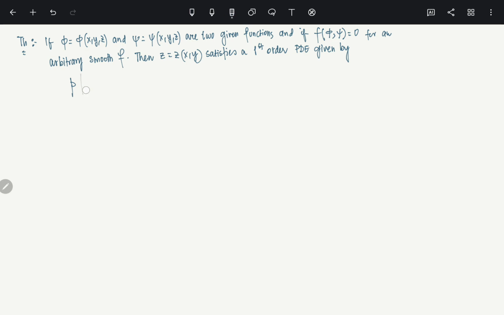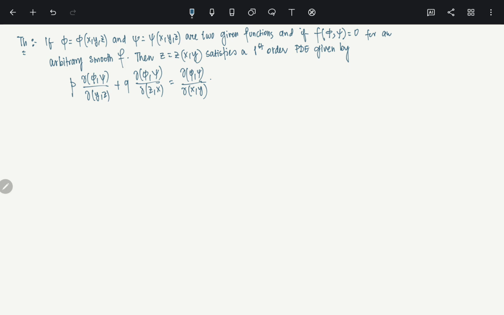Del of phi, psi by del of y, z with respect to P, so this is P, plus Q del of phi, psi by del of, this is Q, so this is z and x, equals del of phi, psi by del of, here nothing is there, so it is x and y.